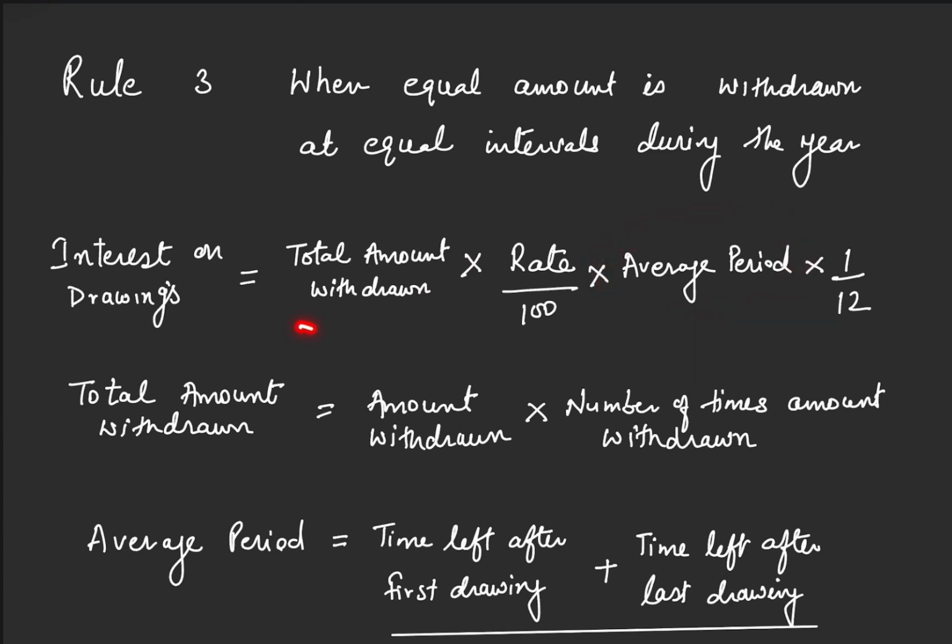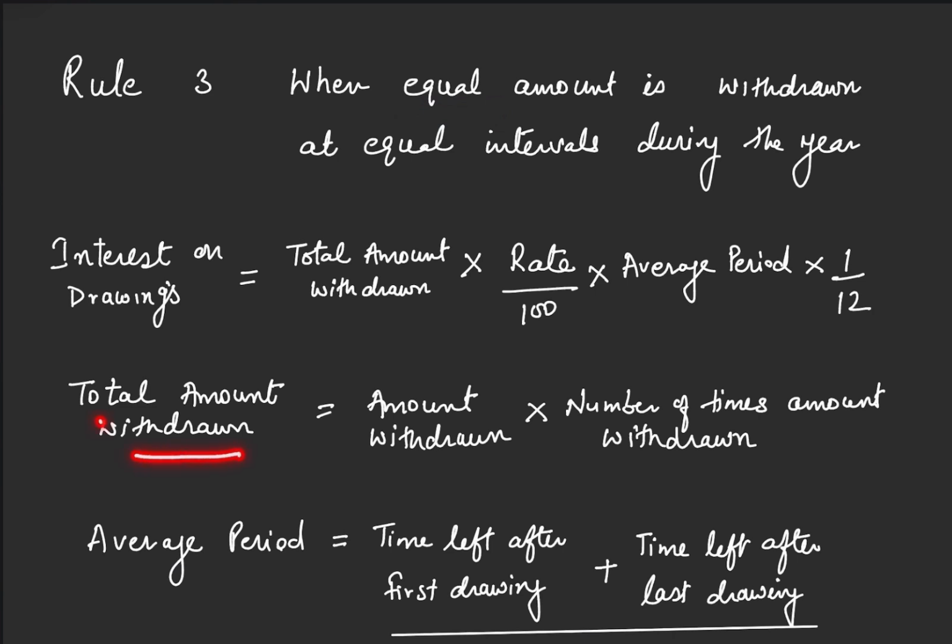Let us understand. The total amount withdrawn is to be calculated by using the formula amount withdrawn multiplied by number of times amount withdrawn. Please understand that equal intervals means that multiple times the amount is withdrawn during the year. The gap is equal between the two installments, two drawings, and equal amount is also withdrawn.